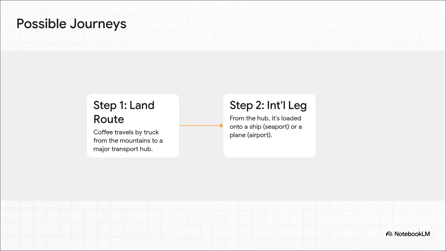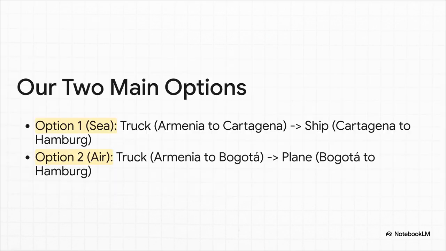Right, so no matter which way we slice it, the journey has to have two main parts. First, there's the land route. You've got to get that coffee out of the mountains and down to a major transport hub. A truck is really the only way to do that. And then, from that hub, you have the big international leg where it's either going to go by ship or by plane. So that brings us to our two main options. Option one is the sea route.